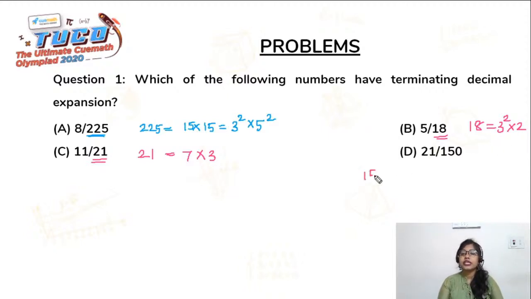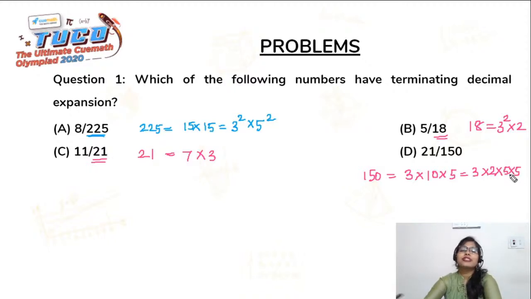Coming to 150, it is nothing but 30 times 5, which could also be written as 3 times 10 times 5, which could also be written as 3 times 2 times 5 times 5, right?